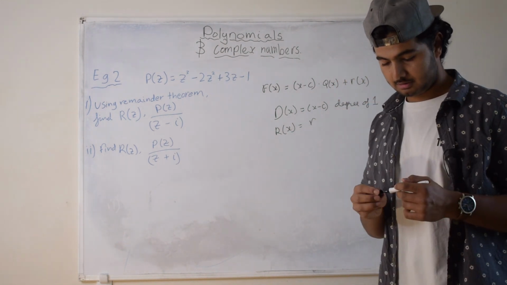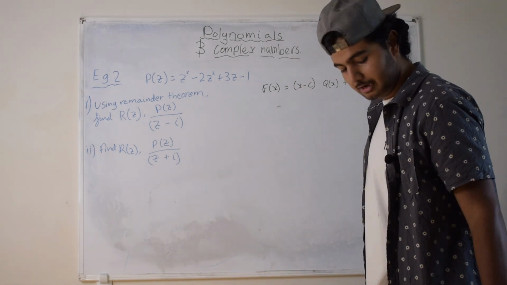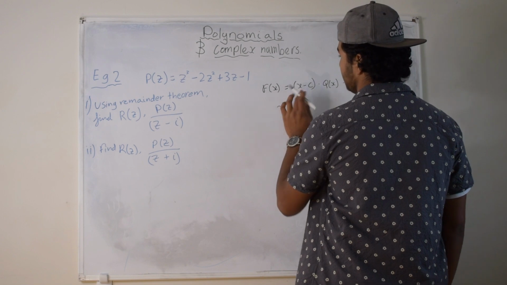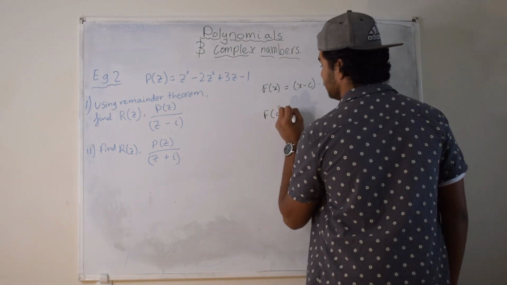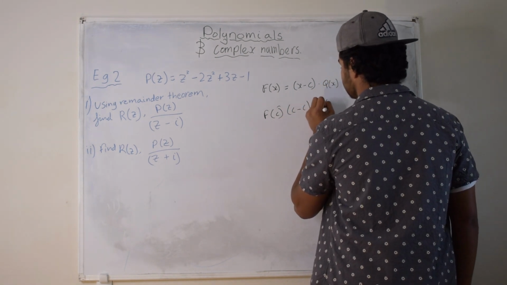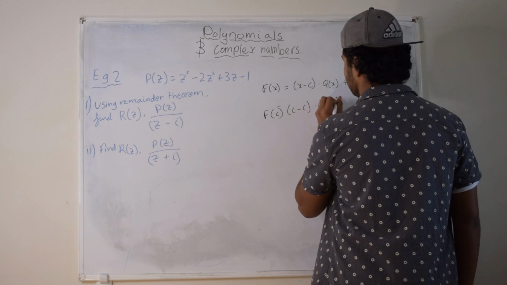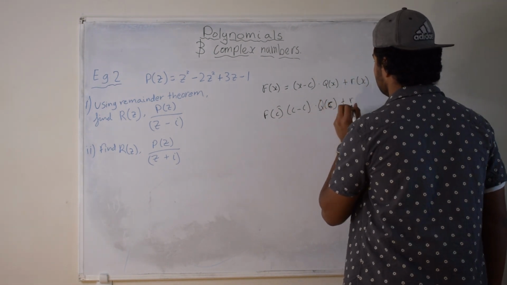Looking at that, let's do a simple proof to get an understanding. If we let f of c, what do we get? f of c then equals c minus c multiplied by q of c, plus r.